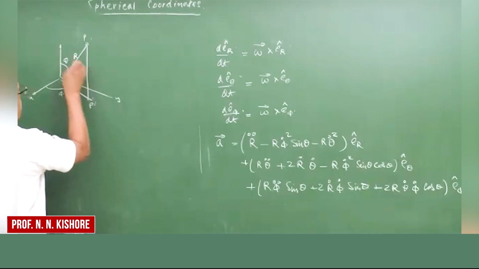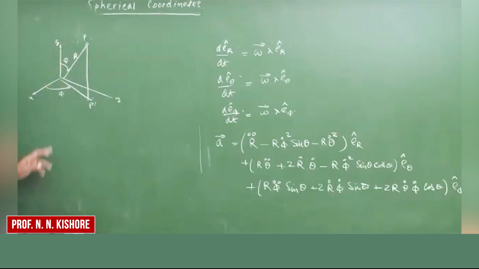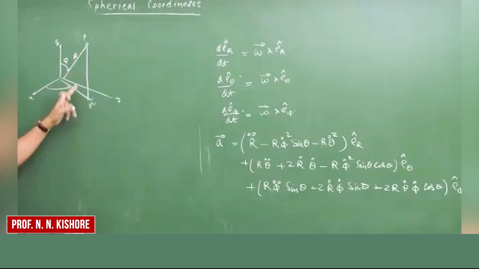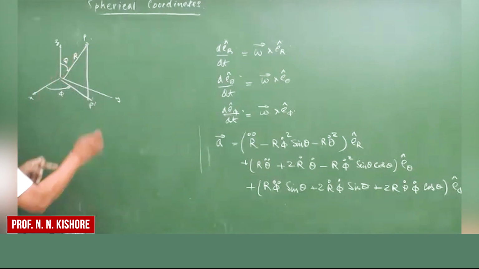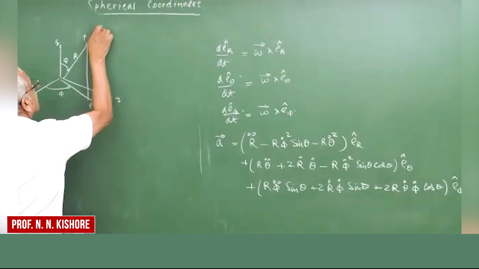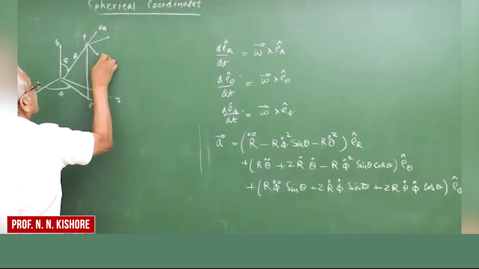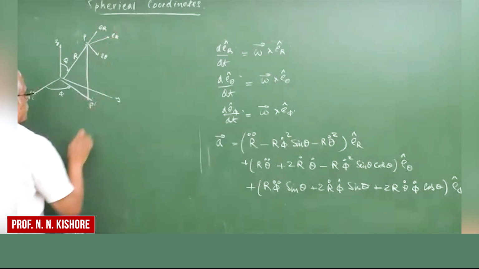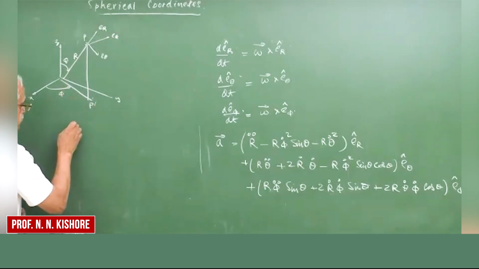So this is what I followed, where x is the Cartesian coordinate and point P has the distance r. So this is the one which I used.